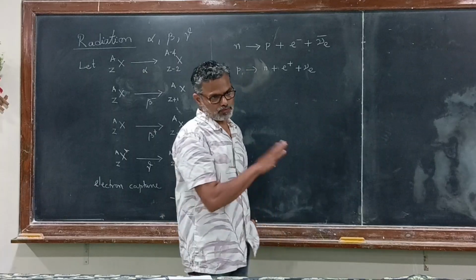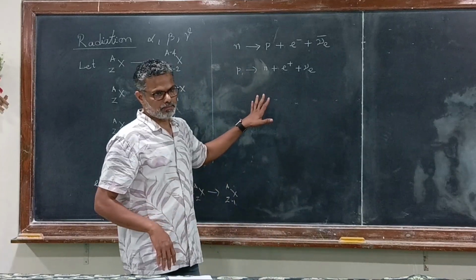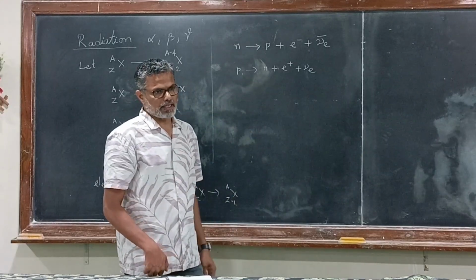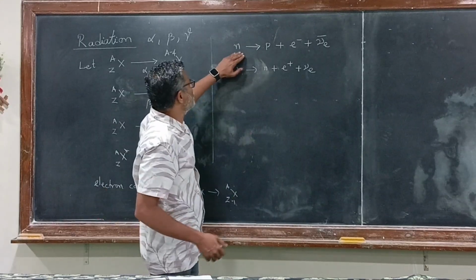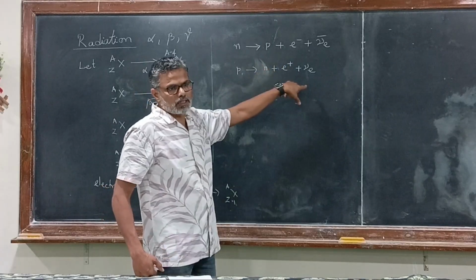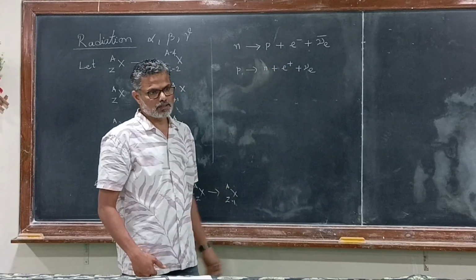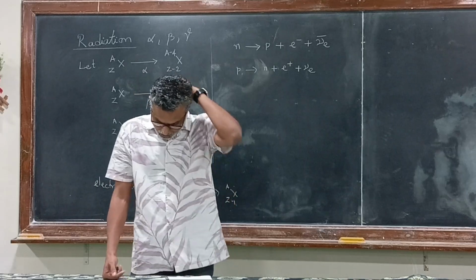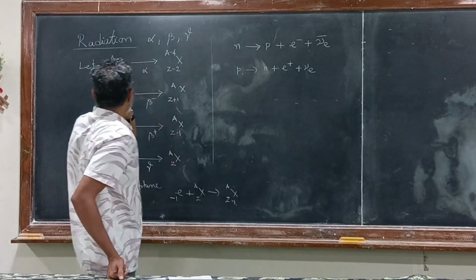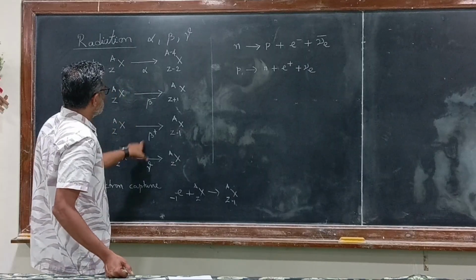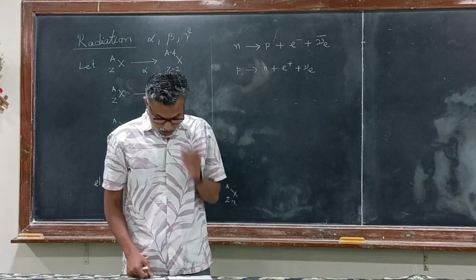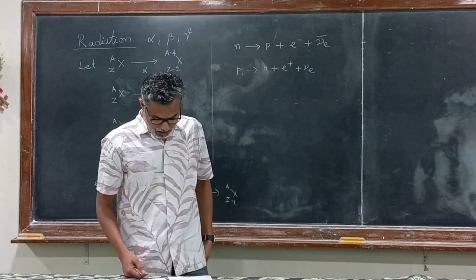But there will be a conservation for sure. This reaction is correct, it happens, but the excess mass will be converted. Generally this is what happens in most cases, neutron converting to proton. But there is a chance that a proton also gets converted to a neutron by releasing a positron. Okay. So this is one thing, and this is the beta decay.